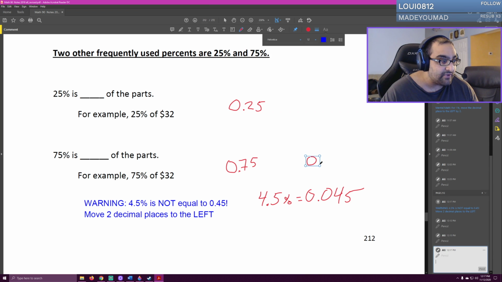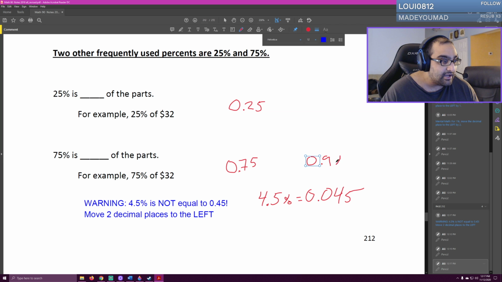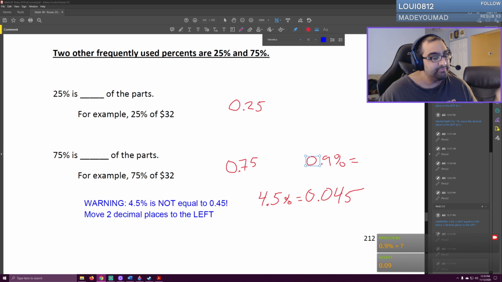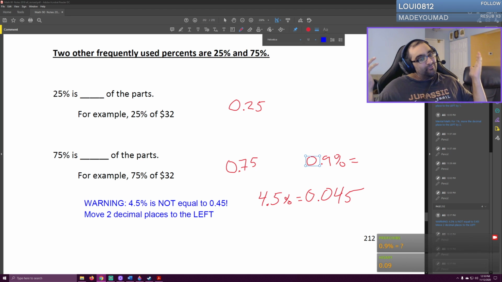So it's the same thing as if I had, say, 0.9%. What would 0.9% equal as a decimal then? Oh, you fell for it, Hisa. Gotta be careful.